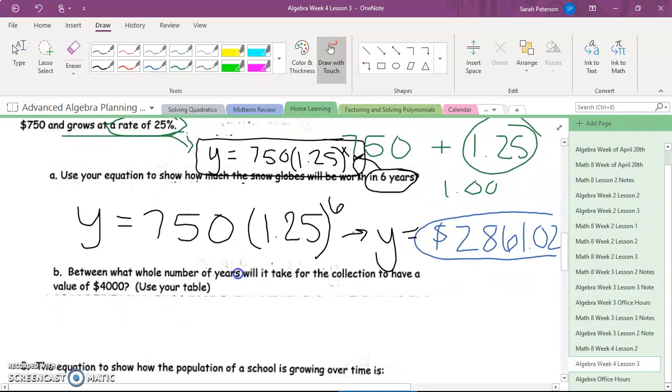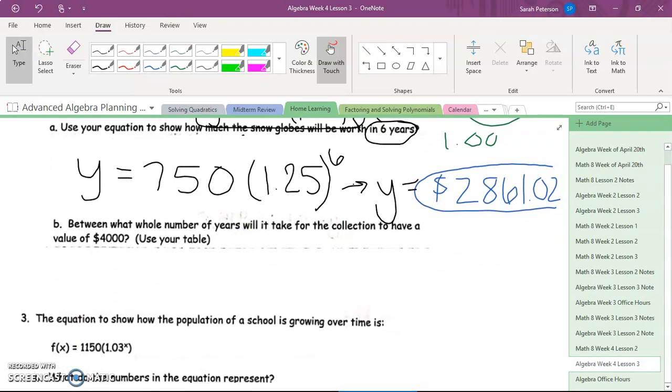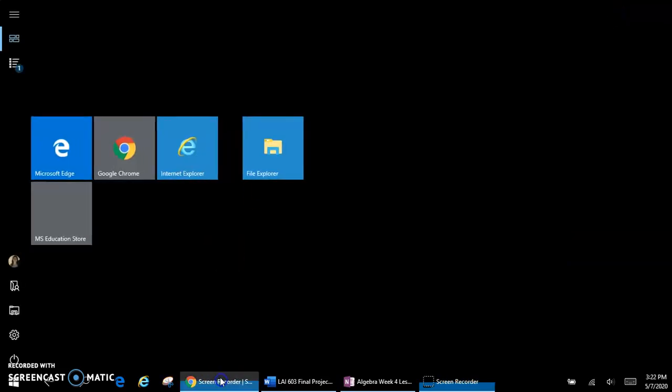Then it says, between what whole number of years will it take for the collection to have a value of 4,000? So what you want to do here is go to Desmos or use your graphing calculator and type in the original equation, and then look for what number of years the collection will be 4,000.